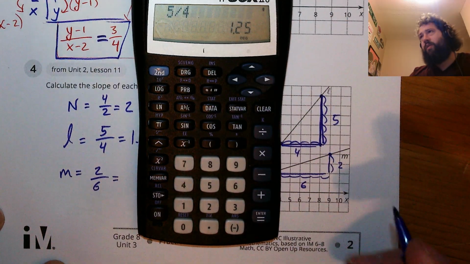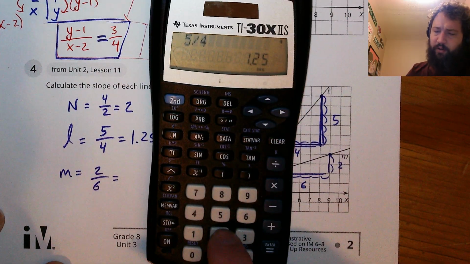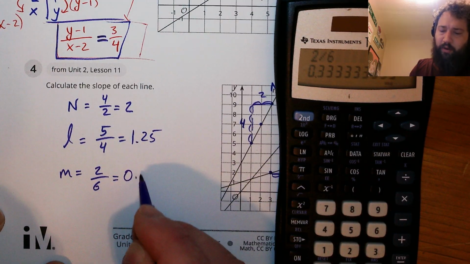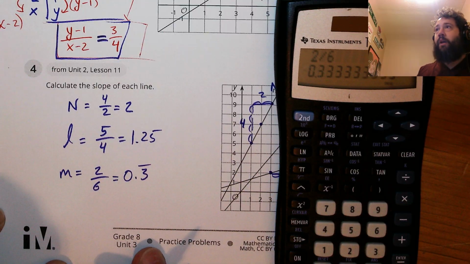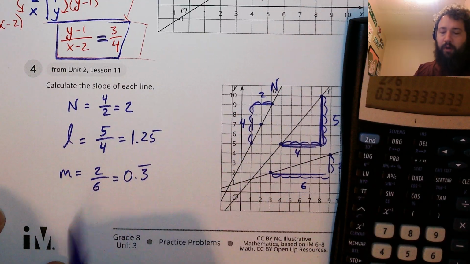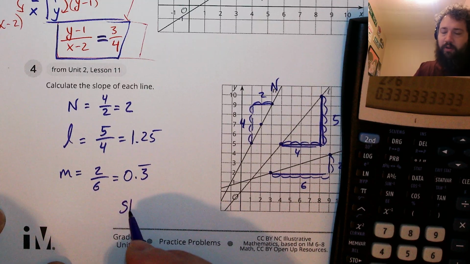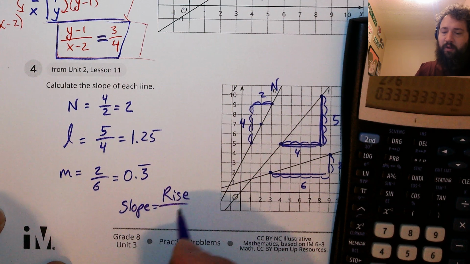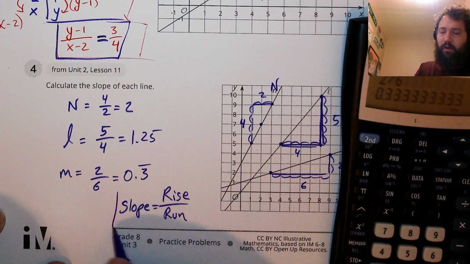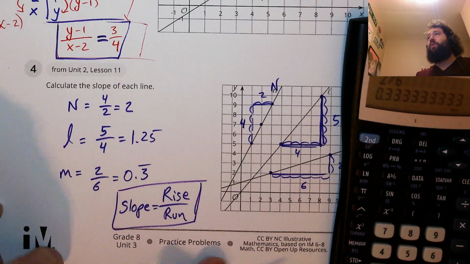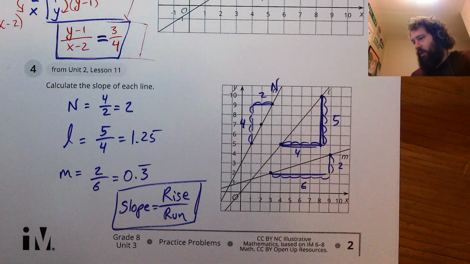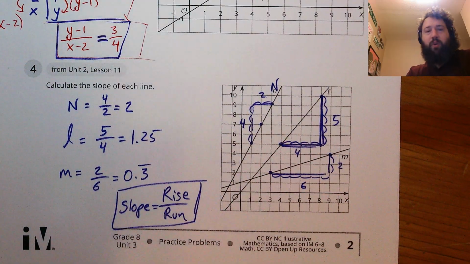I think this gives us 0.33333. 2 divided by 6, 0.3 repeating. Now, again, remember what we're doing is slope is my rise amount divided by my run amount. That is the truth every single time. Hopefully that helps, and have a beautiful evening.